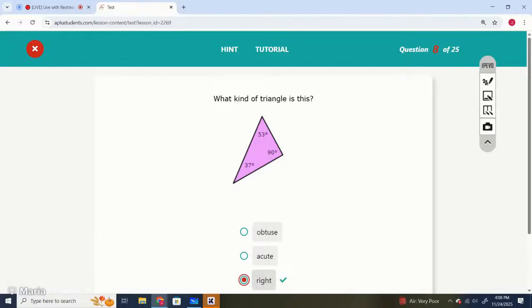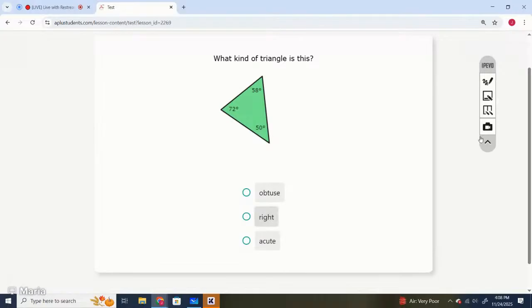That is a right triangle. Option number 3 is the correct option. What kind of triangle is this? That is the acute triangle.